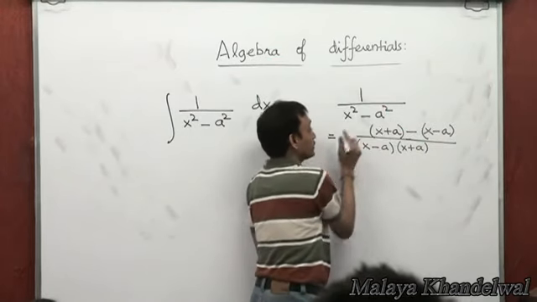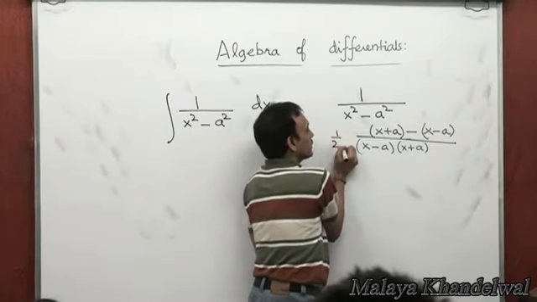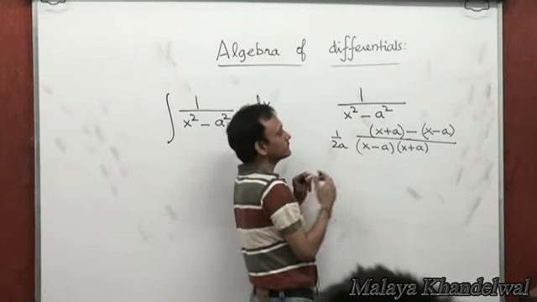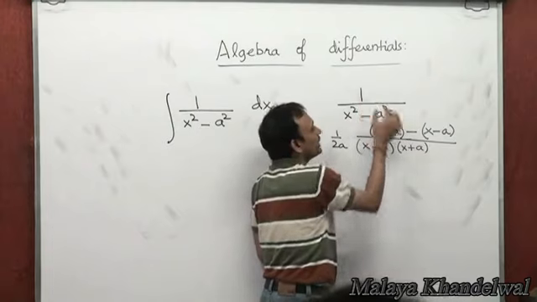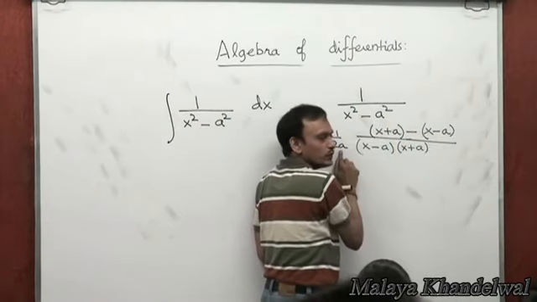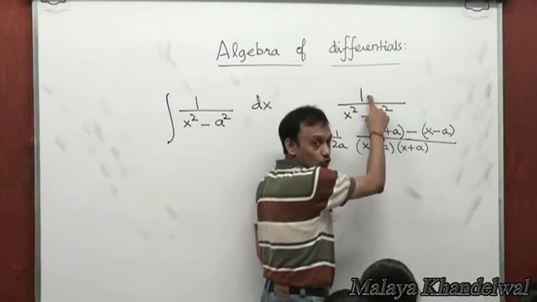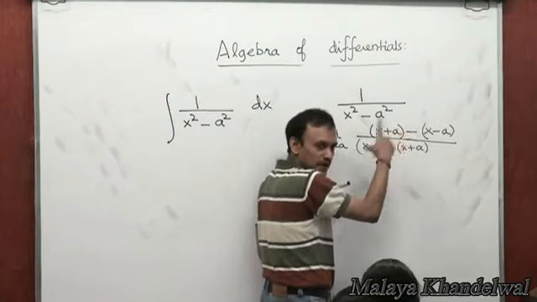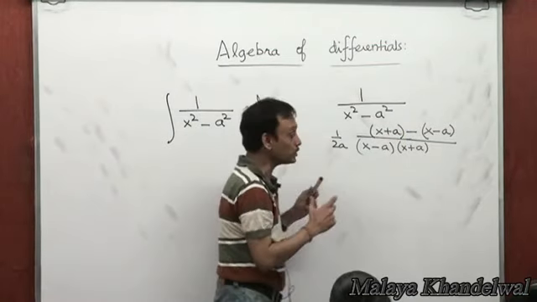There was a 1 here. What I do is I divide by 2a. Could I do this? You know what I did here? I wrote 1 as x plus a minus x minus a. That made it 2a. But then I divided by 2a so that it's restored to 1 again. Right? So this algebra is clear to you? Right?